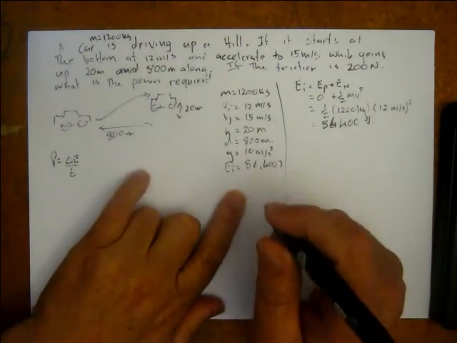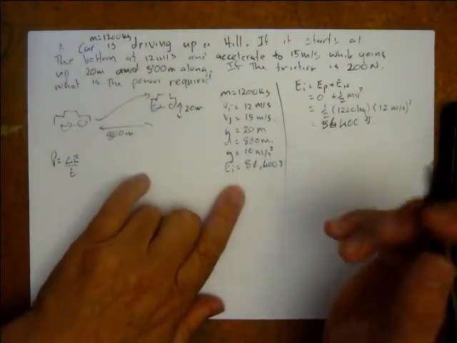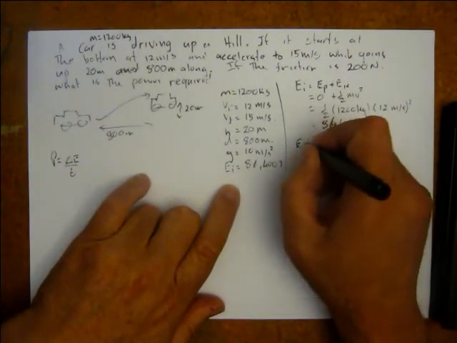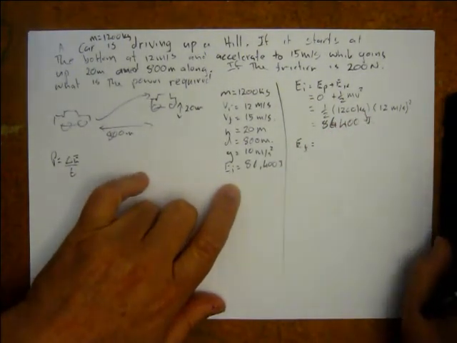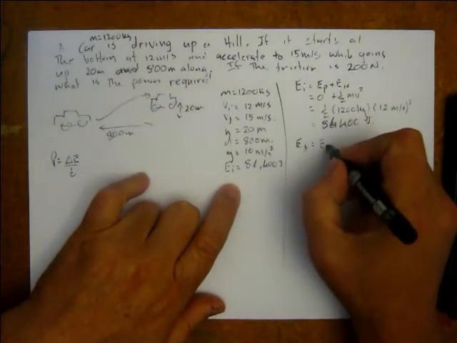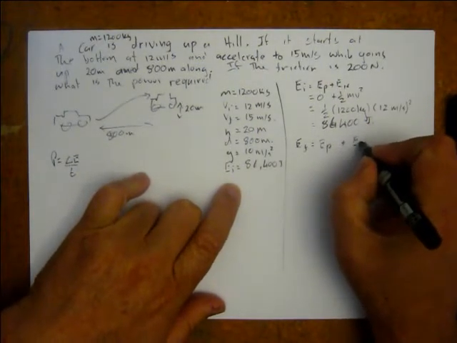Then, what else is there? Well, E final equals EP plus EK.